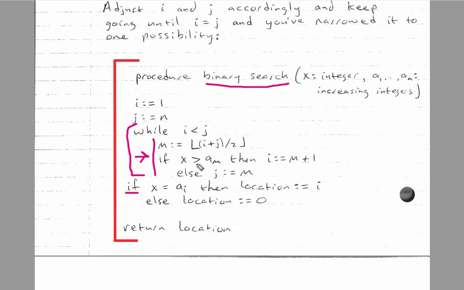If the number we're looking for is greater than that middle a sub m, then move up the lower bound to m plus 1. Otherwise, if x is less than or equal to that middle number, then move the upper bound j down to m.